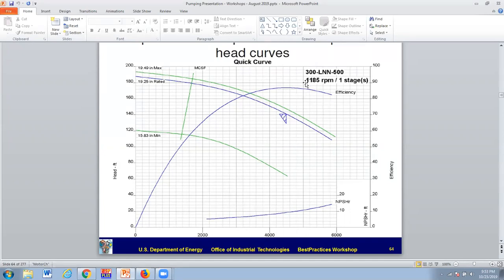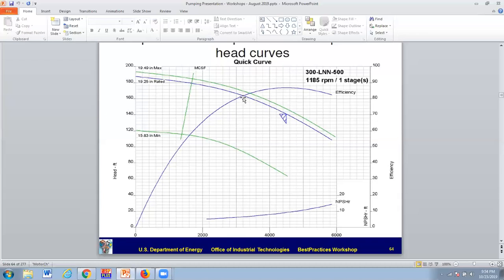So we see these curves are for 1185 RPM on a single stage pump. There's the pump model number. This sweeping curve would be the efficiency of the pump. So you can read up to one of the pump curves, whichever one.